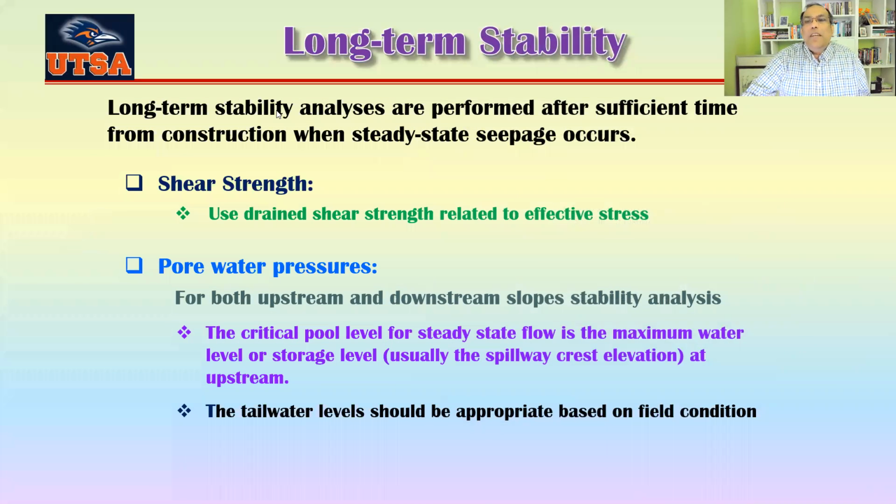Now, long-term stability. When we do the long-term stability, it means that after the construction, sufficient time has passed so that steady state seepage is occurring now. Usually this is very common for earth dams.